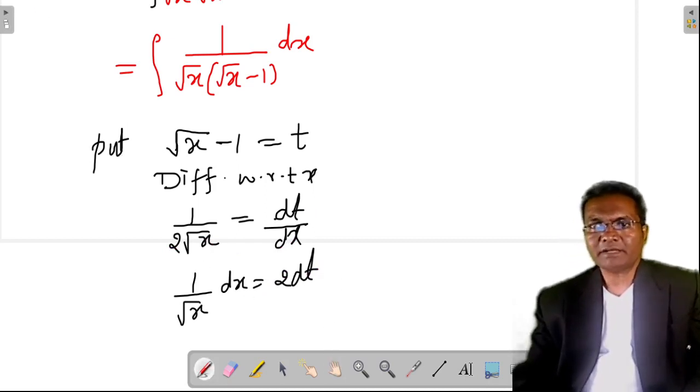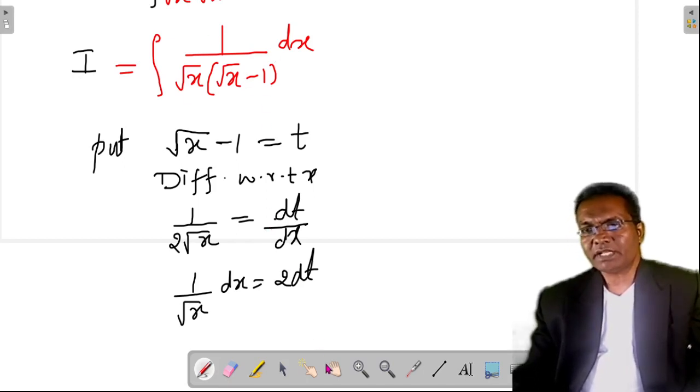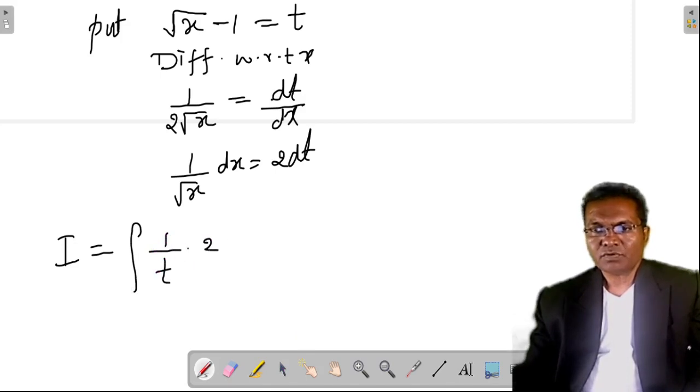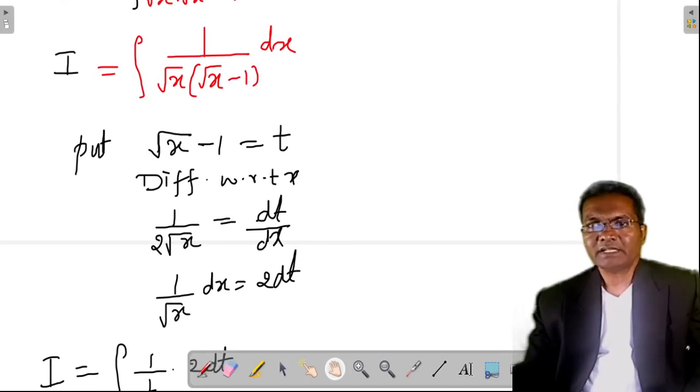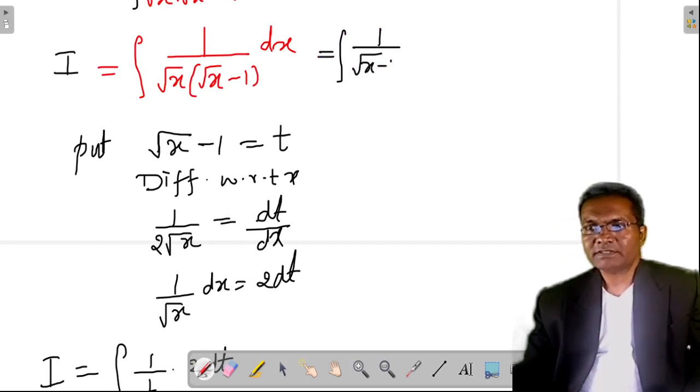So what I becomes then? Okay, 1 by root x dx is 2 dt. So I can write it as I is equal to 1 by t into 2 dt. How? See here, to understand better, I can write like this, root x minus 1 into 1 by root x dx.